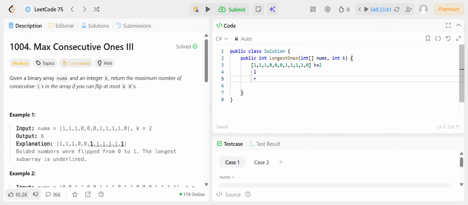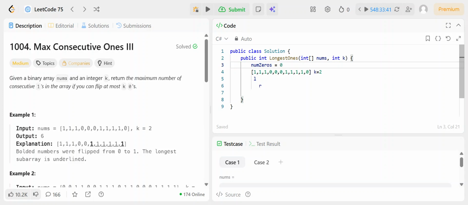Both left and right start at the same position, and first we will try to move right. While moving right, we will check if the right index position is holding 0 or 1. If it is holding 0, then we will note those zeros in a particular variable.